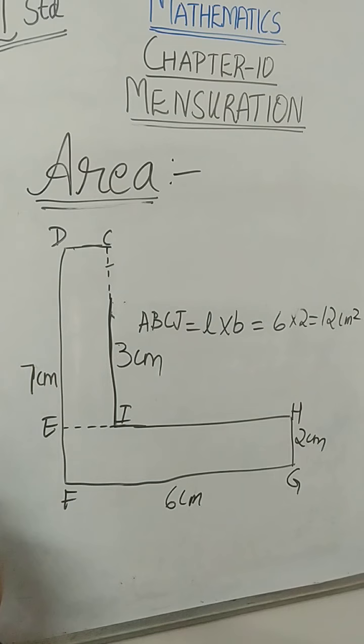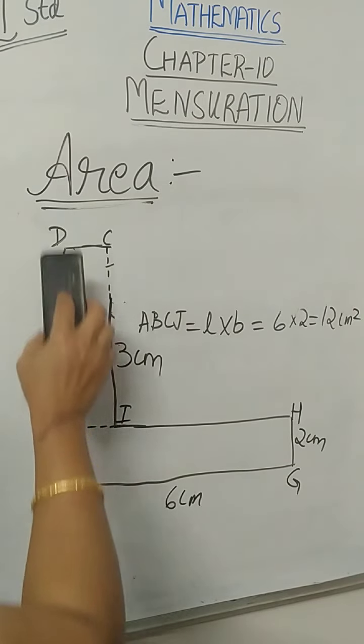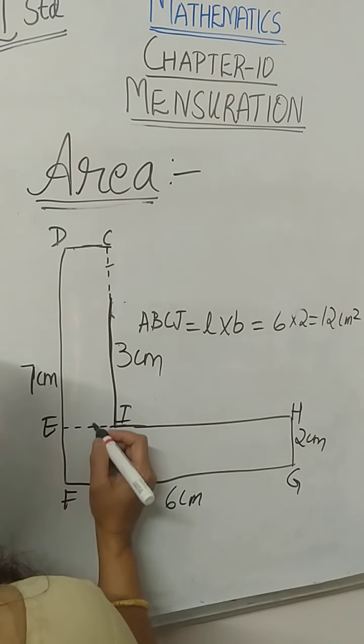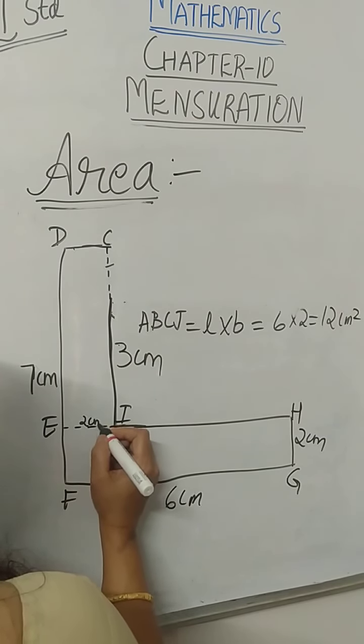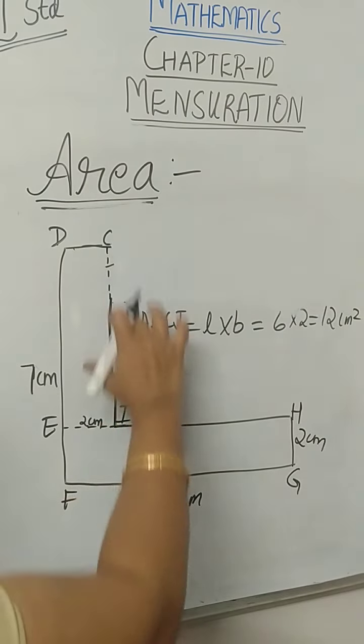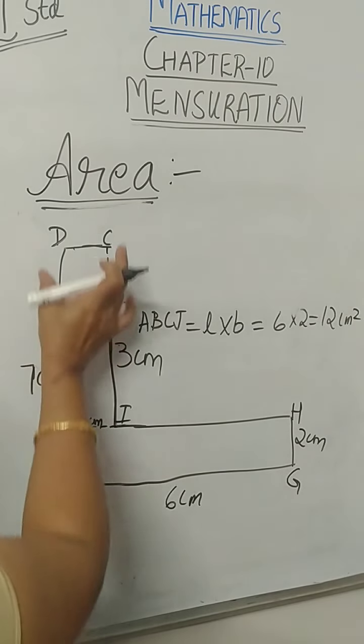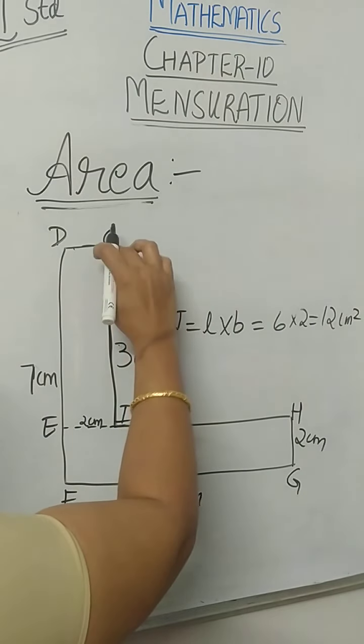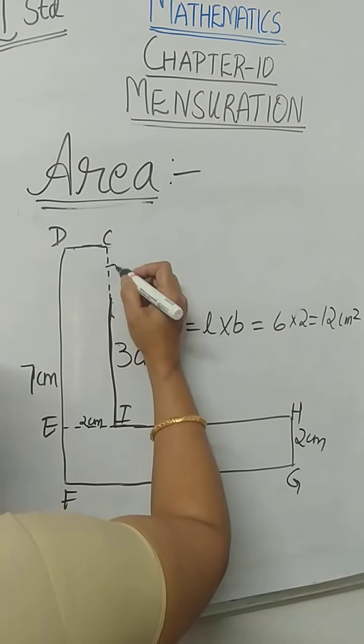Now, look at this rectangle C, D, E, I. Here, the distance is also 2 centimeter. So, look here, this is 3, here we had another 2, no? So, this is also 2.